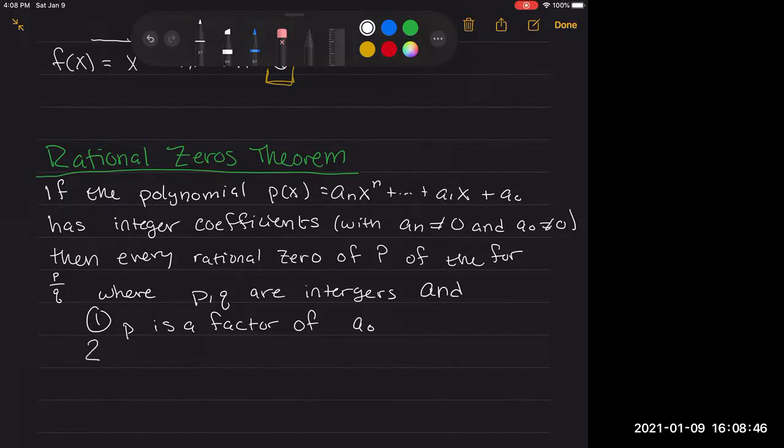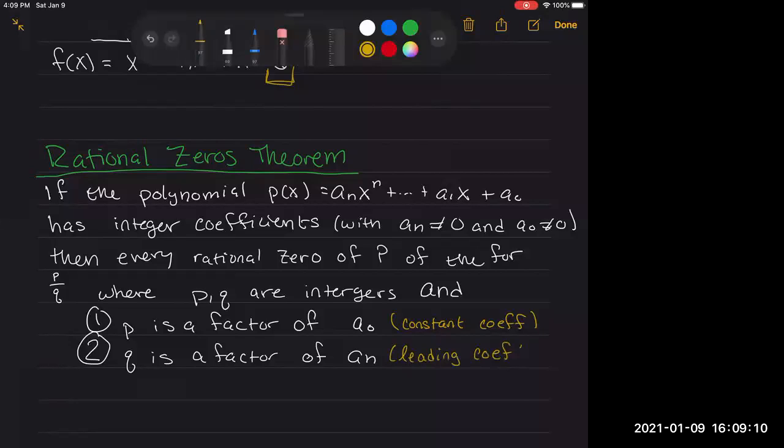And then two, q is a factor of a n. And remember, a n is our leading coefficient. I'll remind us here. This is our constant coefficient, and this is our leading coefficient. Just to help y'all remember.